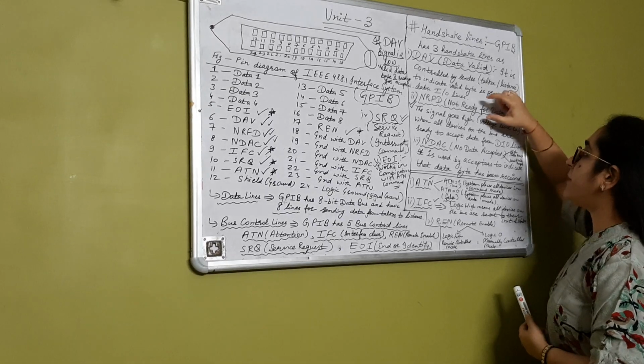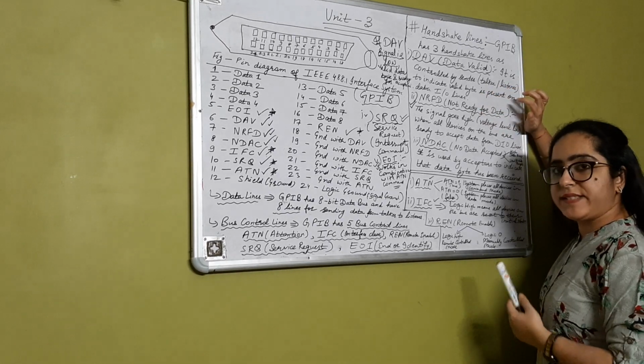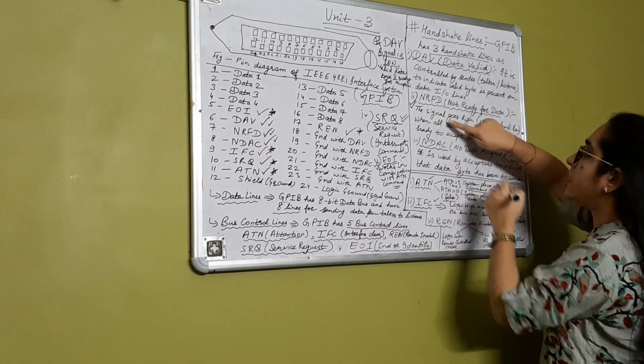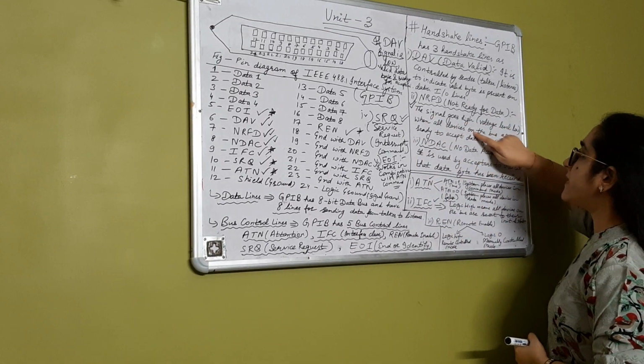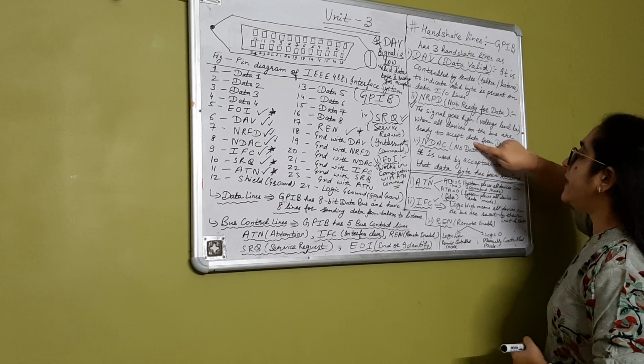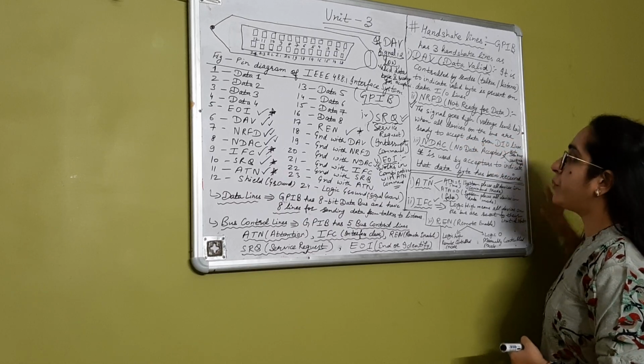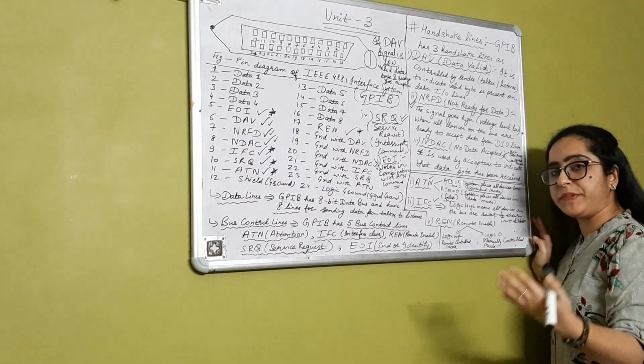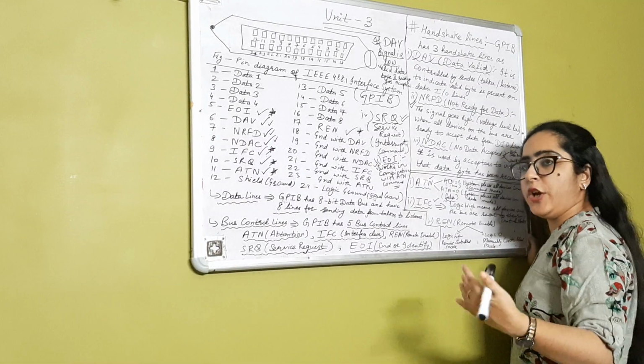Not ready for data, that means if it is high, in that case it is not ready for data. If it is low, that means it is ready. So the signal goes high when all the devices on the bus are ready to accept the data from the data input output line. That means all the listeners are ready to receive the data.